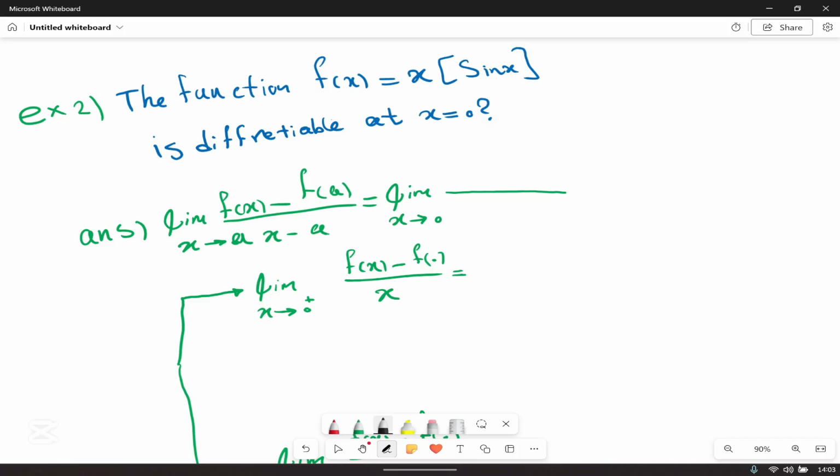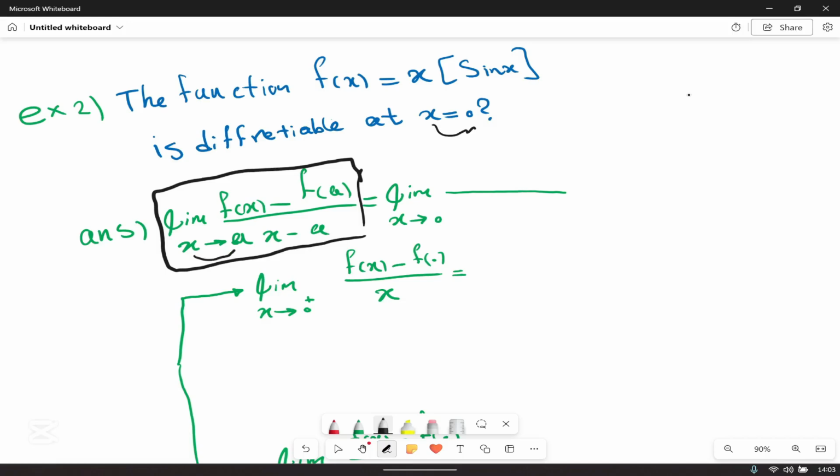Example 2. The function f(x) equals the bracket of x. Is it differentiable at x equal to 0? At a certain point, we use the formula: limit of f(x) minus f(a) divided by x minus a when x approaches a.